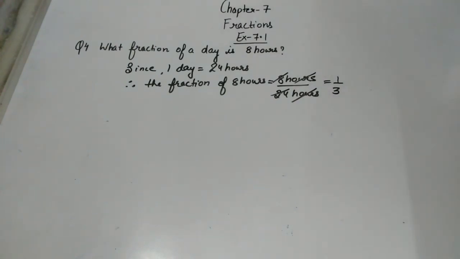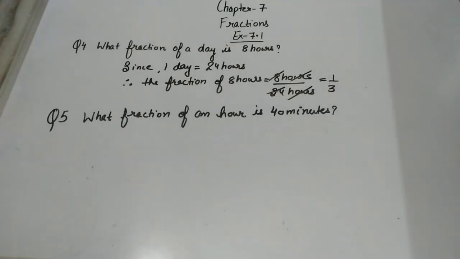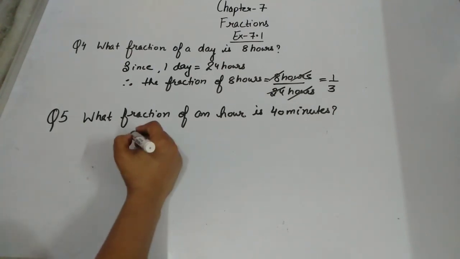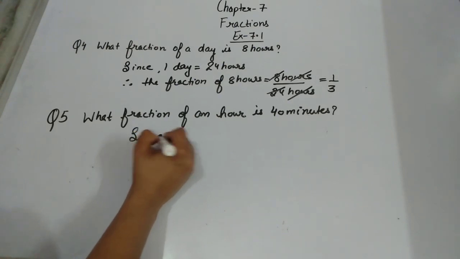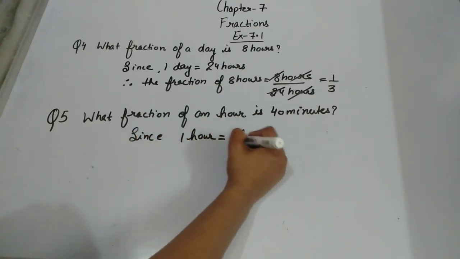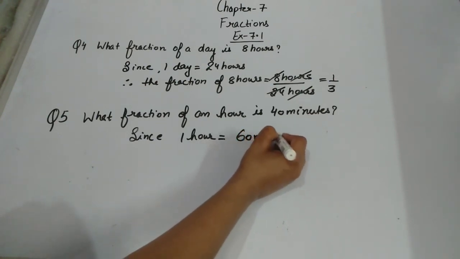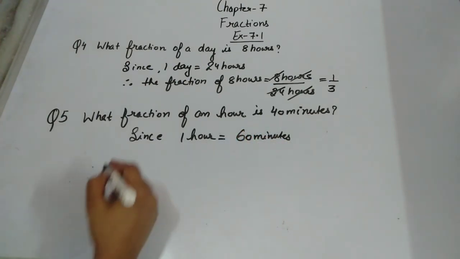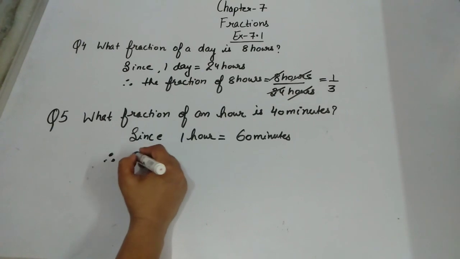Is this clear? So let us move on to question number 5. Question number 5 is: what fraction of an hour is 40 minutes? Since all of you know that 1 hour is equal to how many minutes? 60 minutes. And you have to find the fraction of 40 minutes.